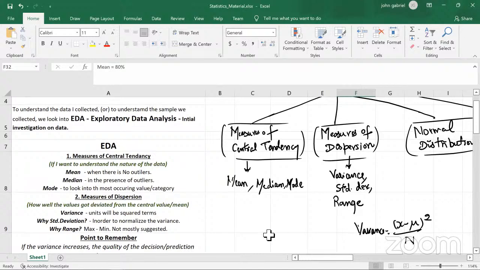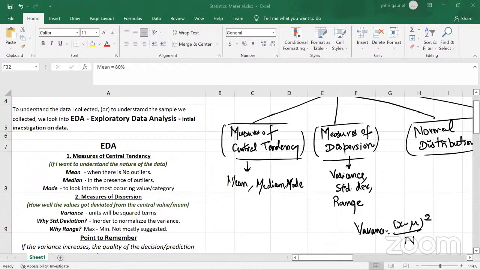Does it mean that everyone scored 75 marks? Because that is the central value, right? No. Maybe some people scored less than 75, maybe 55, 60, or even 45, and some even failed.